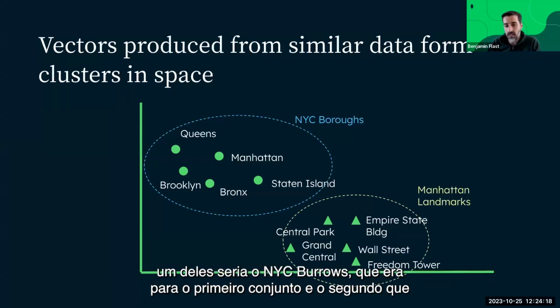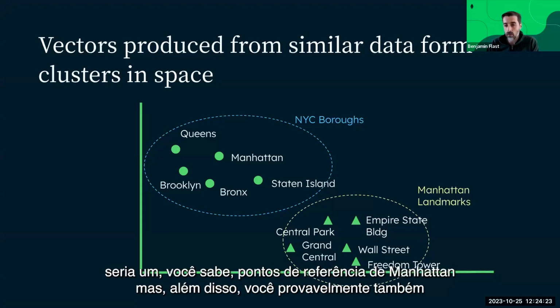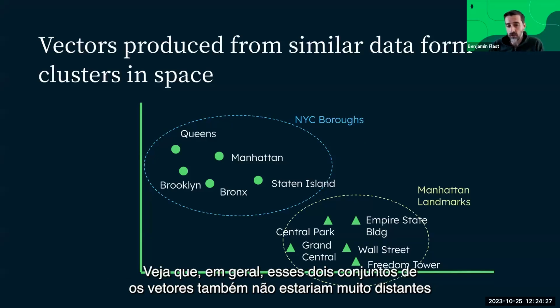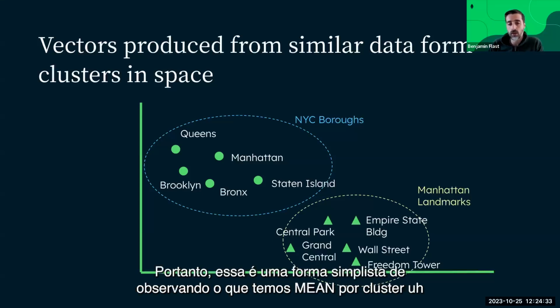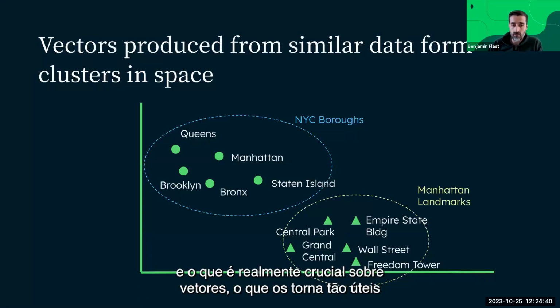One would be NYC boroughs, for that first set, and the second would be Manhattan landmarks. But additionally, you would also probably see that generally those two sets of vectors wouldn't be too far apart from one another because they're all places and they're all in New York. So this is a simplistic way of looking at what we mean by clustering, and what is really crucial about vectors that makes them so useful.